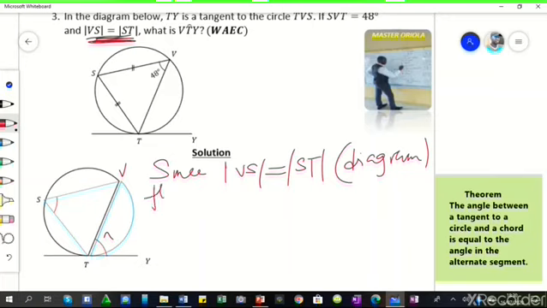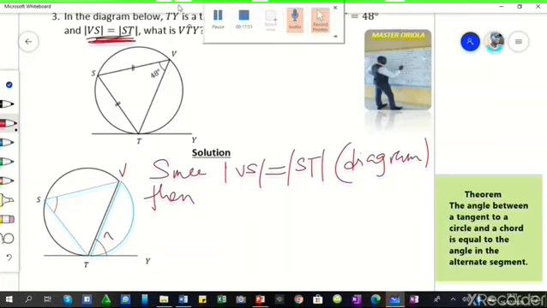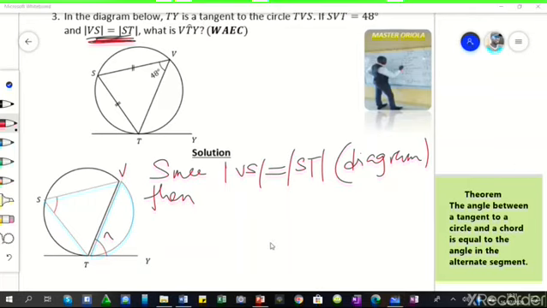Then angle STV equals angle SVT equals 48 degrees.